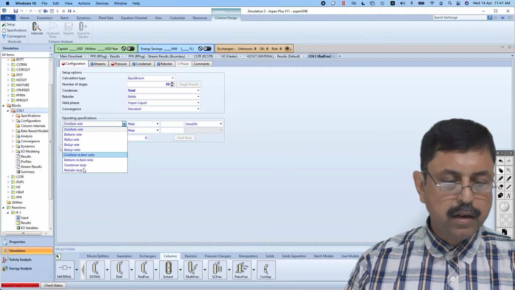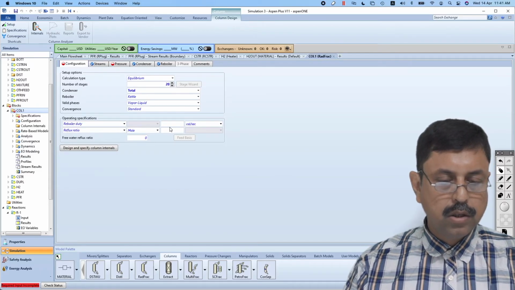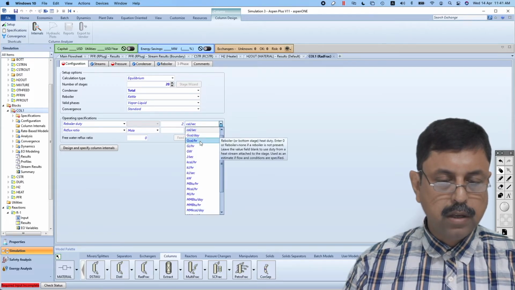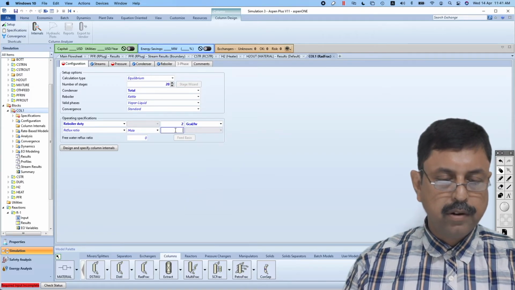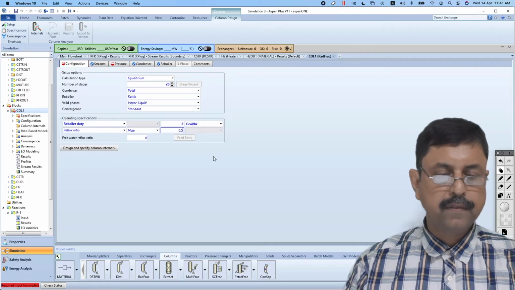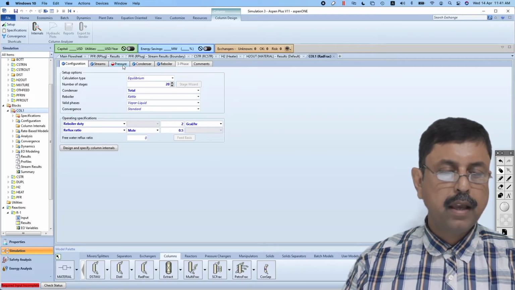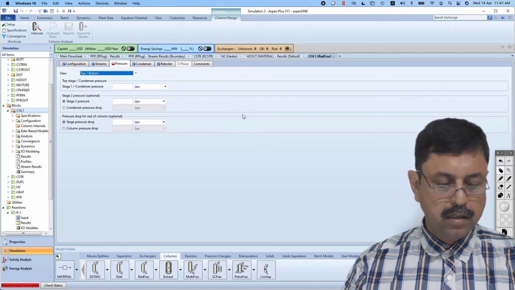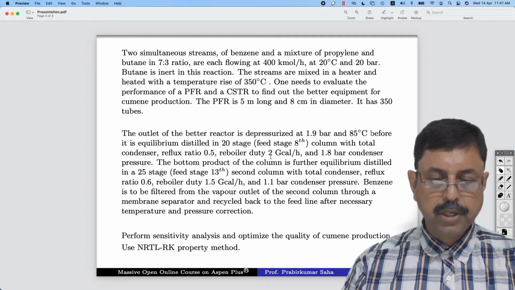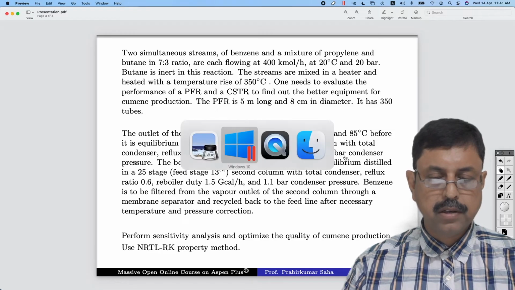So reboiler duty 2 gigacalorie per hour and reflux ratio 0.5. And then pressure, I think the condenser pressure has been given. Yeah, 1.8 bar condenser pressure.